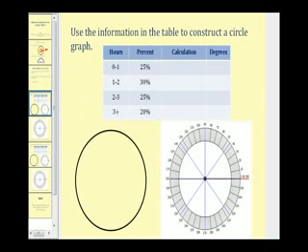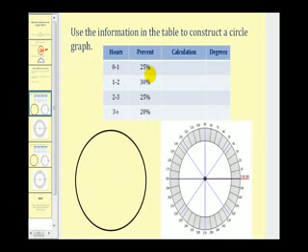Let's say an instructor conducts a survey of his students, and he asks how many hours they studied for the last test. And the results are given here. If we want to construct a circle graph to represent the outcomes of the survey, we need to determine a certain percentage of the circle.